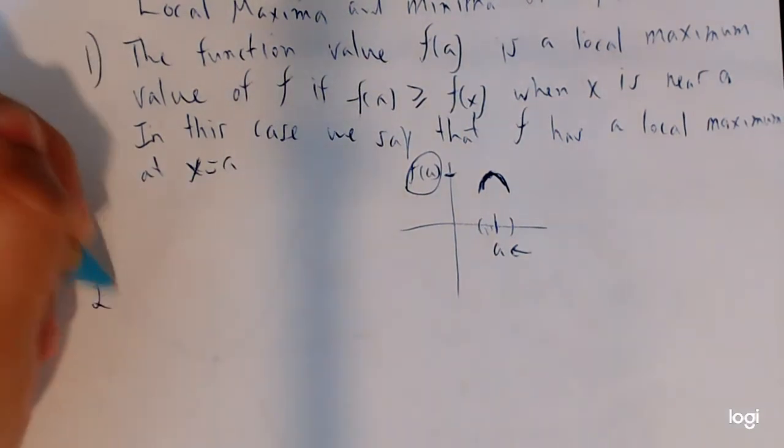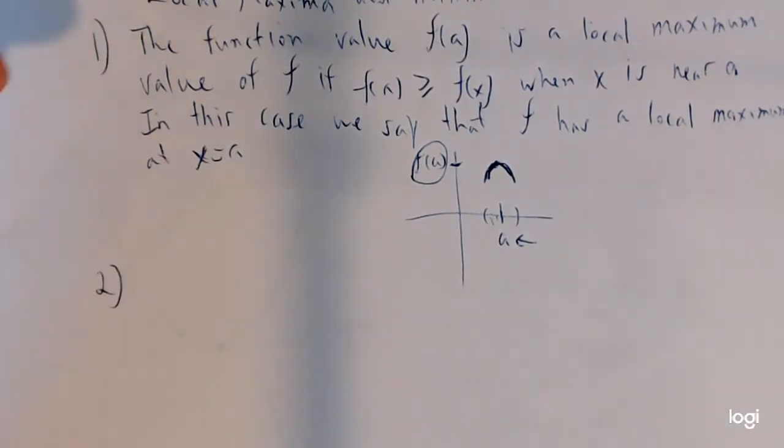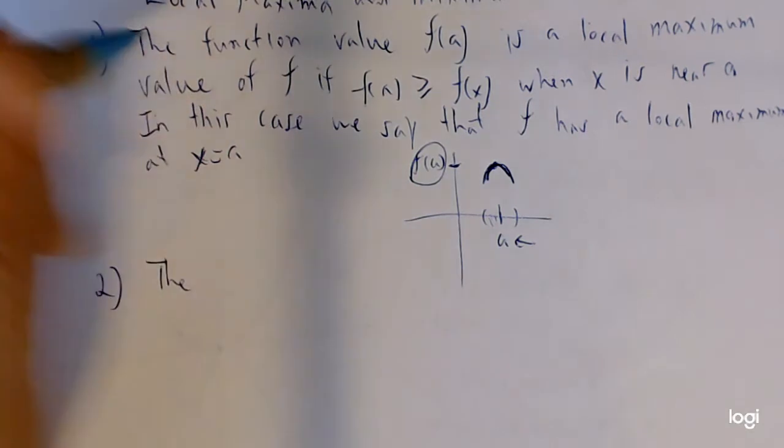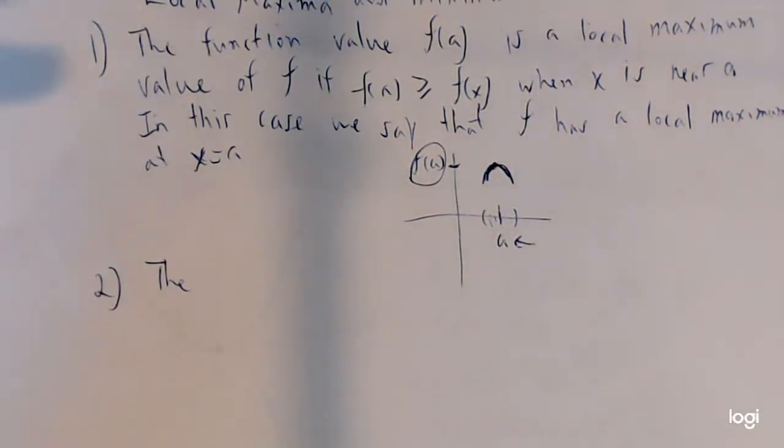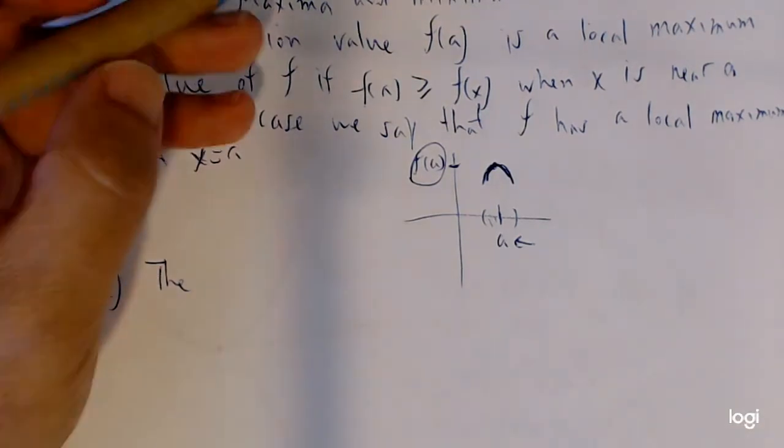For the local minimum, it's literally the same thing. Now we're saying the y value at a is the smallest, locally, once again. The keyword is local.